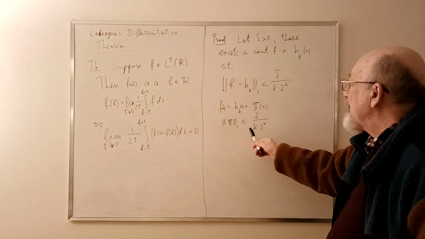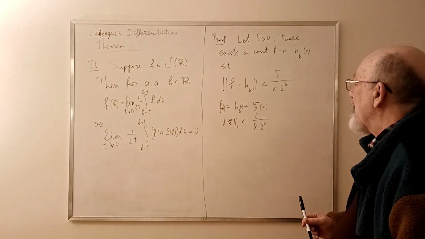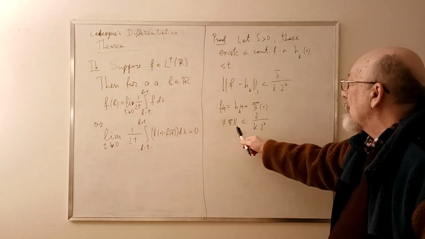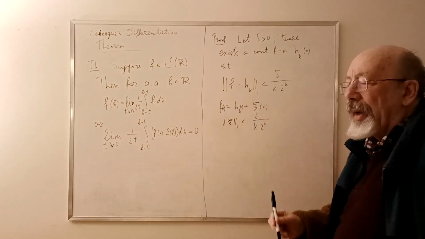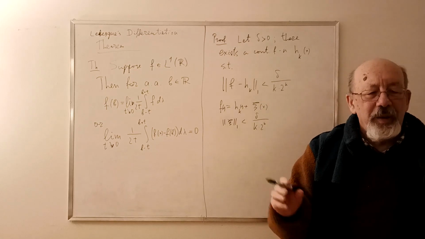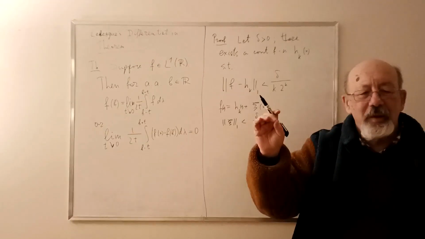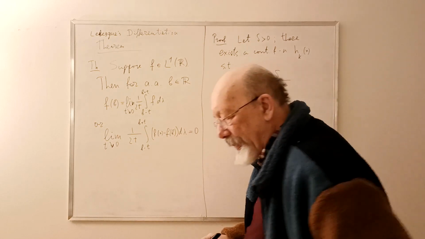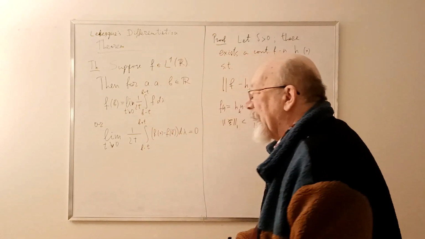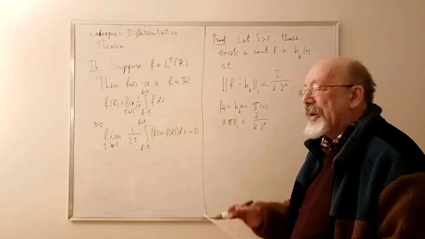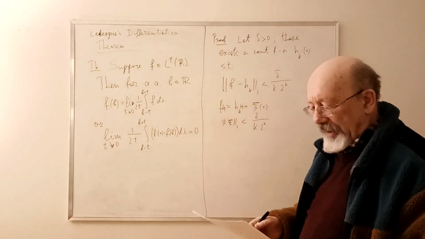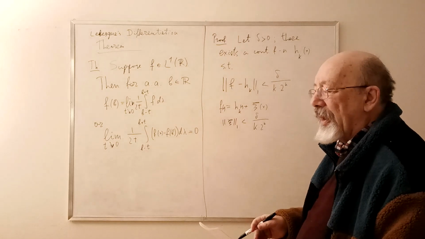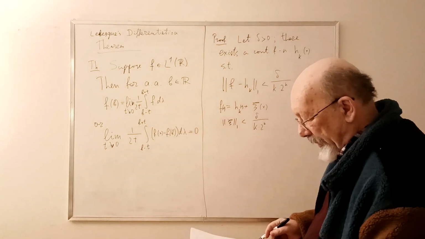So psi is really small in L1, and this means that the set where psi is large has a small measure, or the set where psi is small takes almost all of the real line.